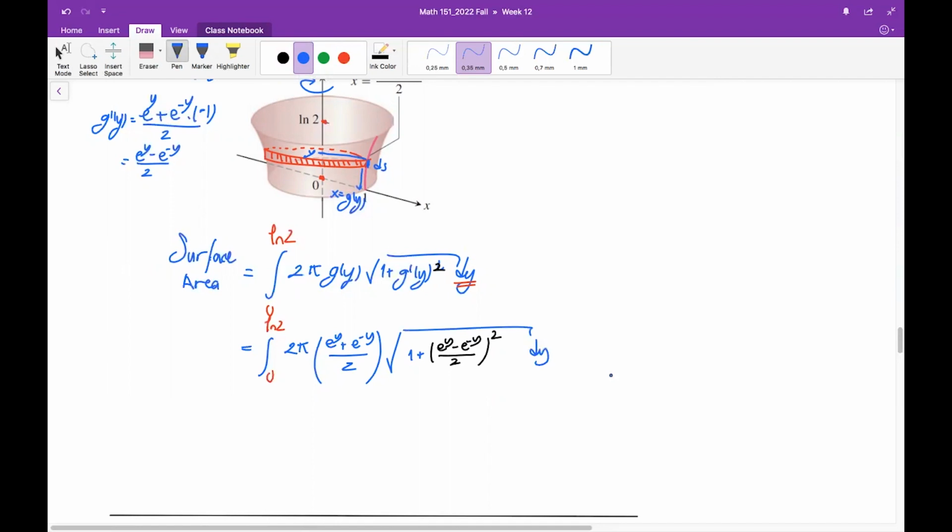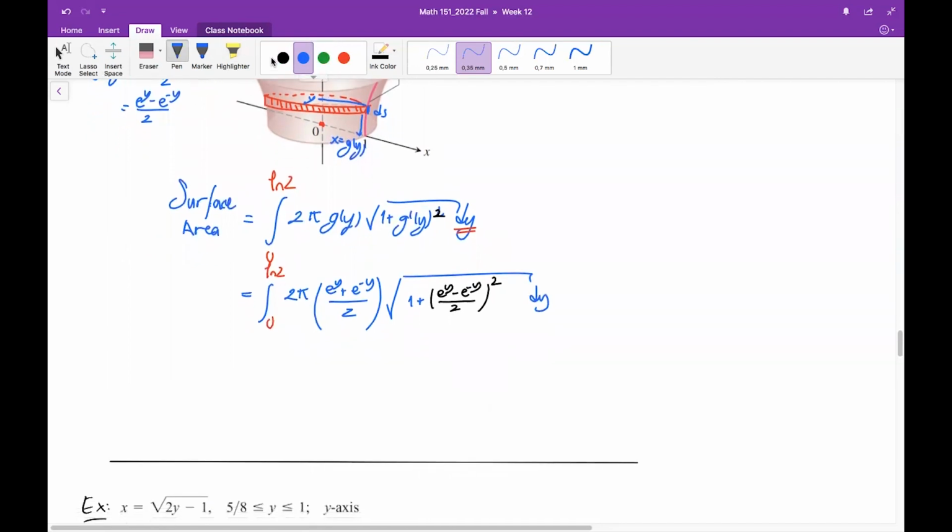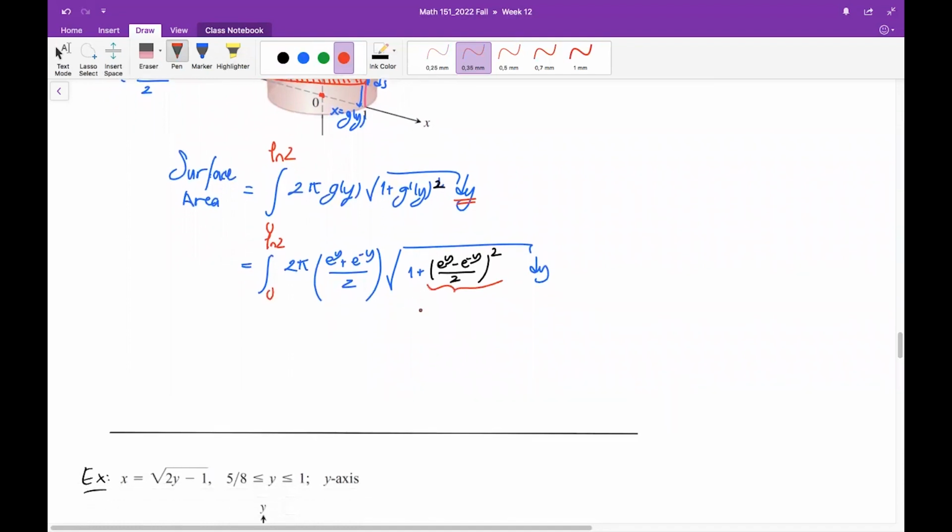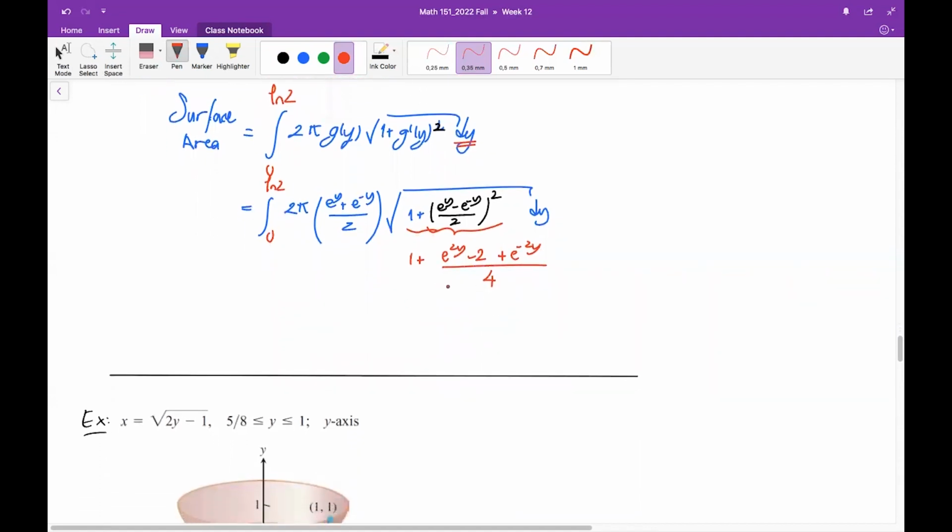Okay, so let's do the computation. We need to compute this square. Let's start from the beginning: 1 plus the square of this expression, e to the power 2y minus this multiplied with this times 2, so 2, plus e to the power minus 2y, over the square of 2, which is 4. So what do we have here?